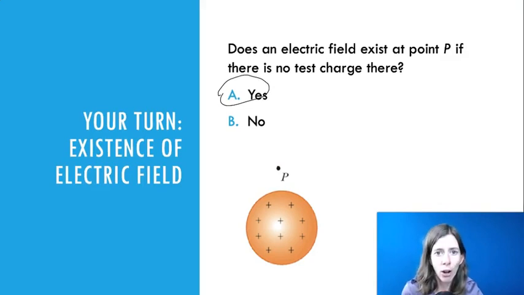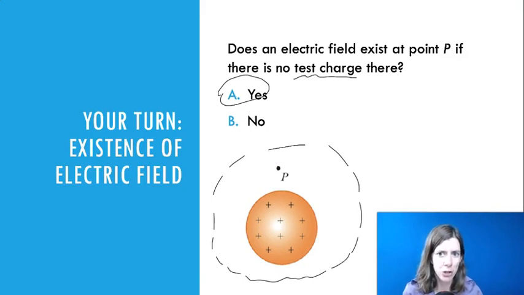All charges produce electric fields. It doesn't matter if there's a test charge there. The test charge is just there to experience the effect. If there's no test charge, then there's no charge experiencing a force, which is the effect, but there is still the electric field that is produced by that charge.